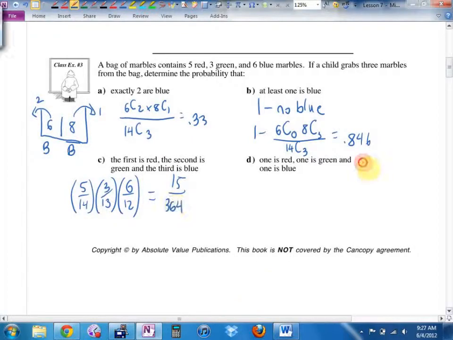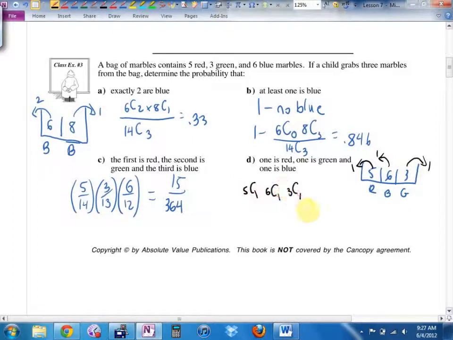So here's my bucket, and now I'm going to have red, blue, and green. How many reds? 5. How many greens? 3. How many blues? 6. How many of each one do I want to choose here? 1. 5 choose 1, 6 choose 1, 3 choose 1.